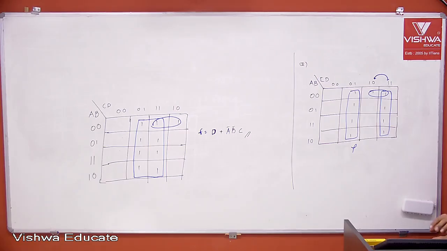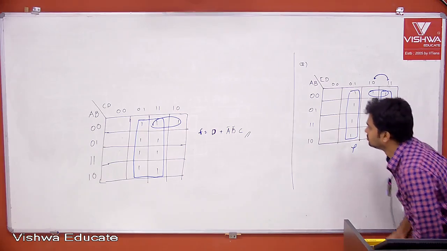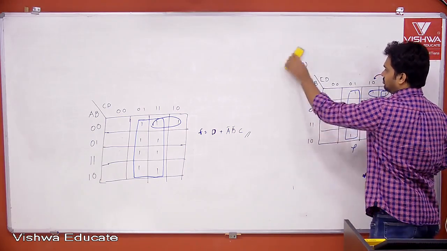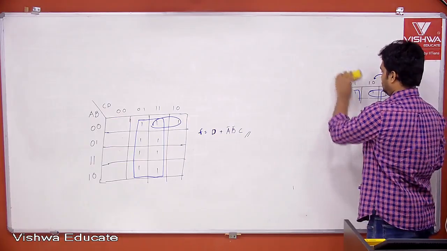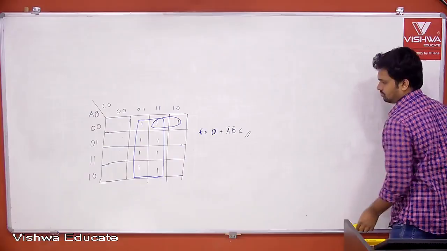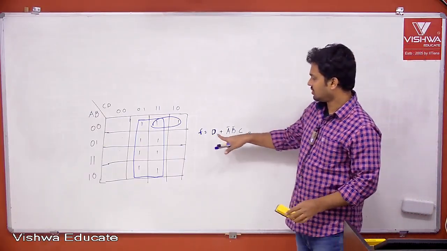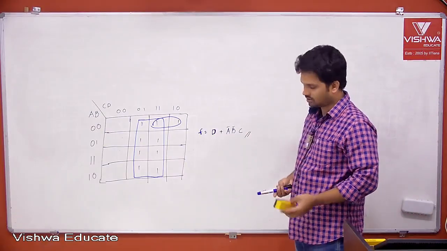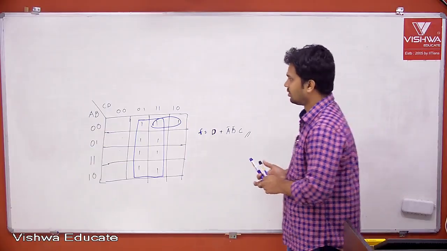That is about the expression. What is that? D plus A bar, B bar, C. Next question.